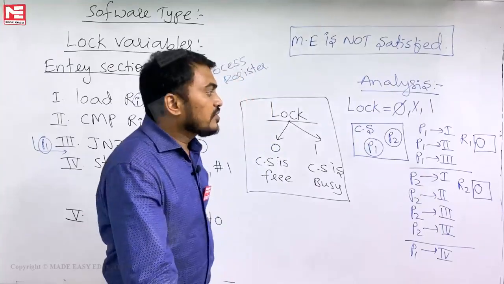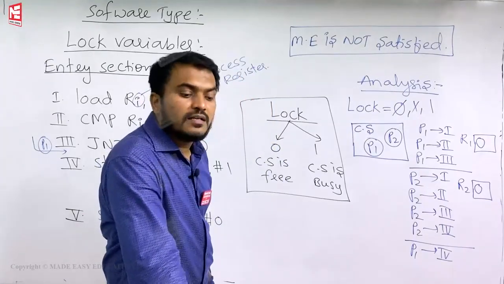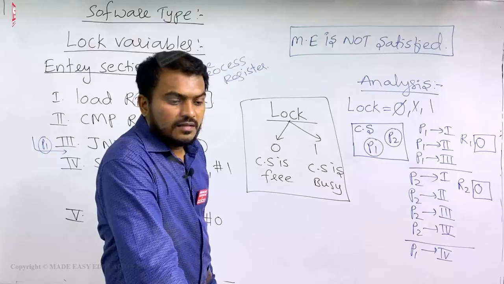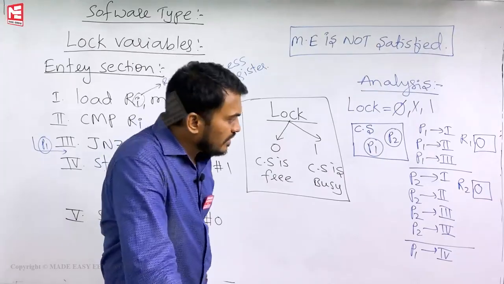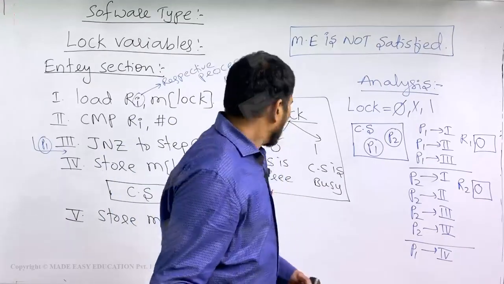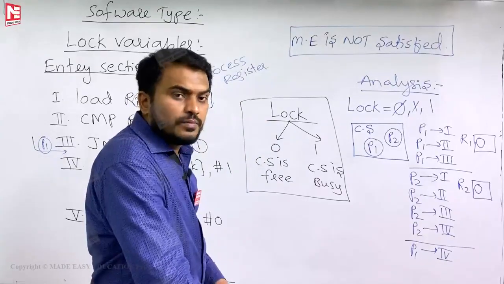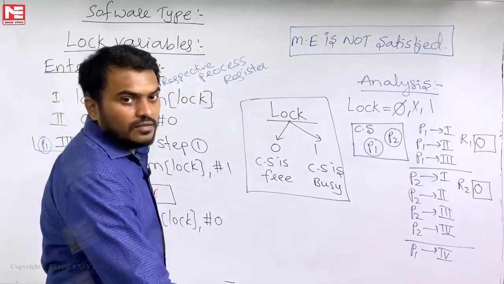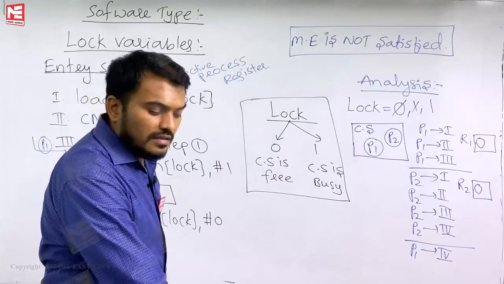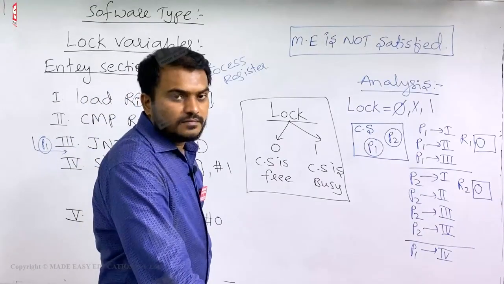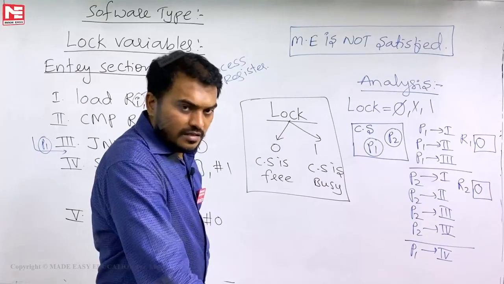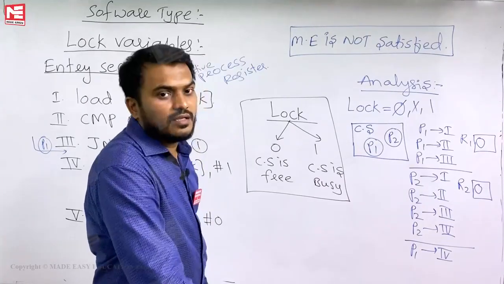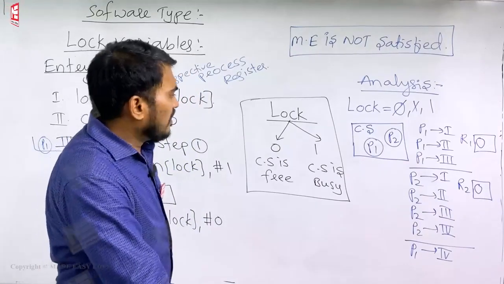Hence, mutual exclusion is not satisfied and the solution is considered to be incorrect. So it means wrong solution. Now understand here, that is a wrong solution.